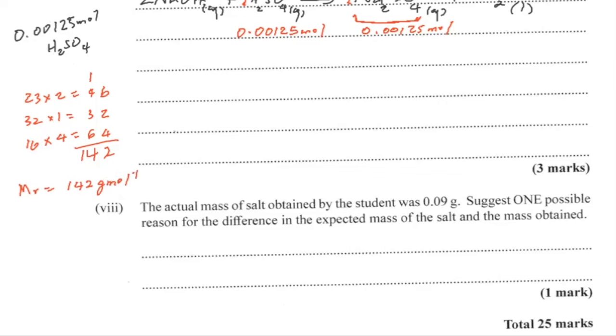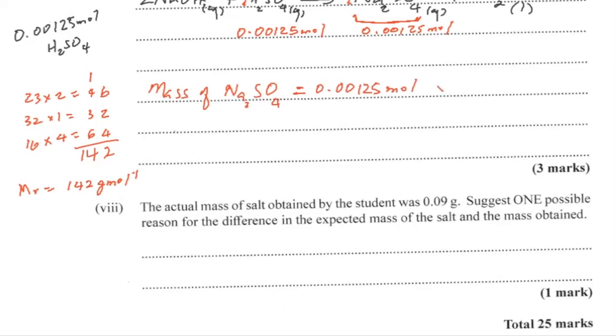So the mass of the sodium sulfate, the normal salt that would be formed, would be equal to the number of moles, 0.00125. For those who want to call it 1.25 times 10 to the minus 3 moles, that's fine.